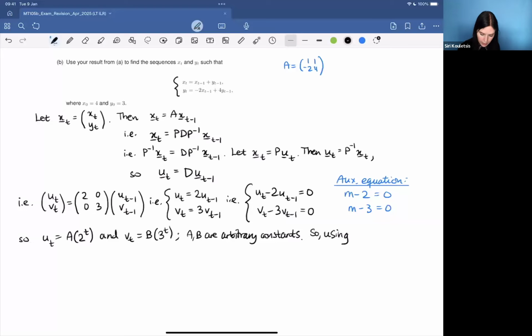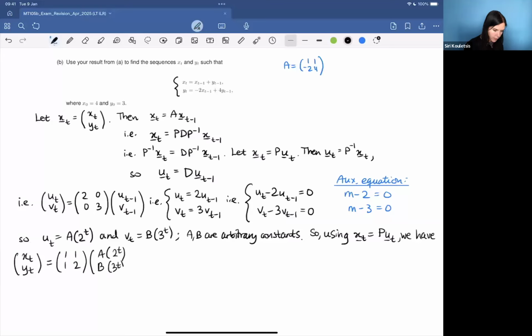And now using xt equals P times ut, we get the following. So that is our general solution.